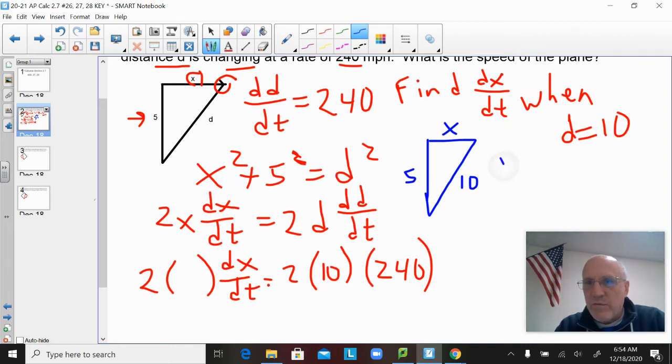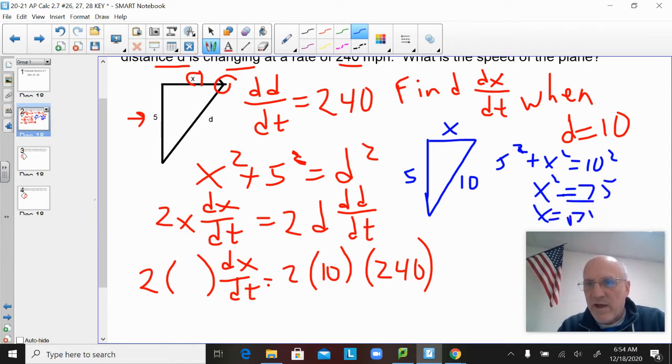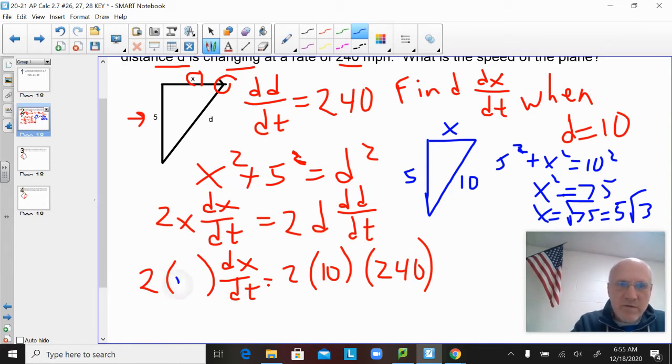So we could do 5 squared plus x squared equals 10 squared. We get x squared equals 75. It's 100 minus 25. So x is root 75, which is 25 times 3. So it does turn out to be 5 root 3. So that goes here, 5 root 3.